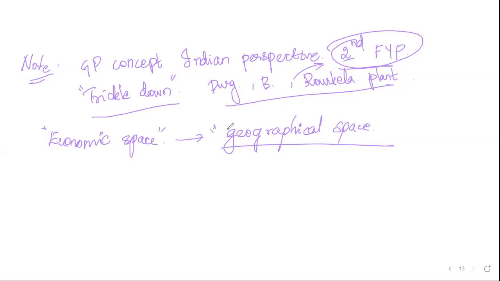So this geographical space was later given importance under the growth center theory of Boudeville. Okay, so that is something that you need to know about. So this was one of the most important criticisms of the growth pole concept.